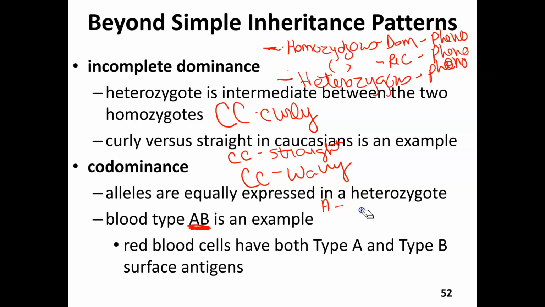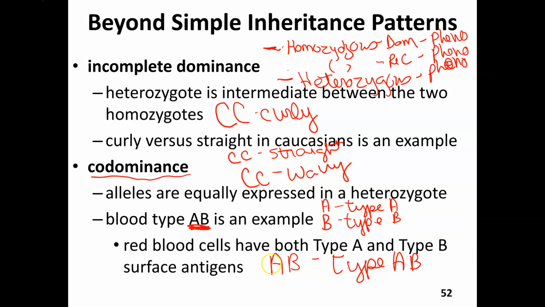If you have an A, you have type A. You can also have a B and be type B, right? Anybody who has both type A and type B proteins, they are called type AB, and they can then pass on the A or the B to their offspring. And that is codominance, because both of these proteins are expressed equally.